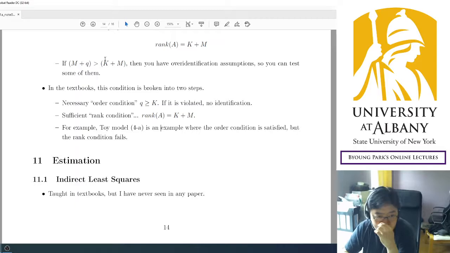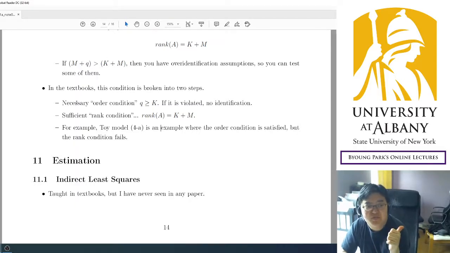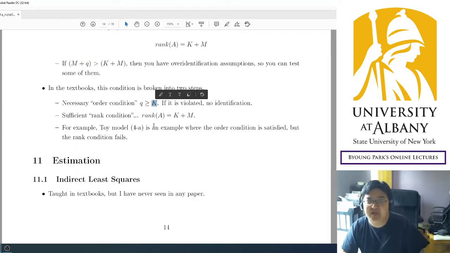So, in summary, there are two common names for the condition. First, a necessary condition, which is usually referred to as the order condition, which means there must be at least as many restrictions as the number of endogenous variables.